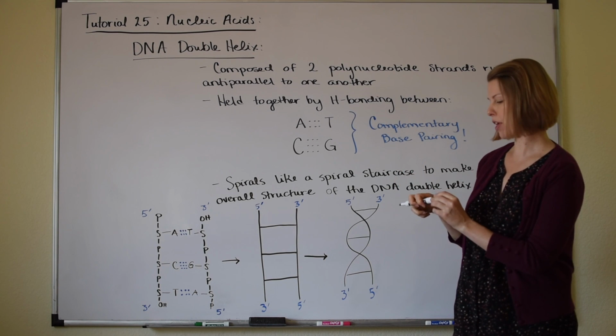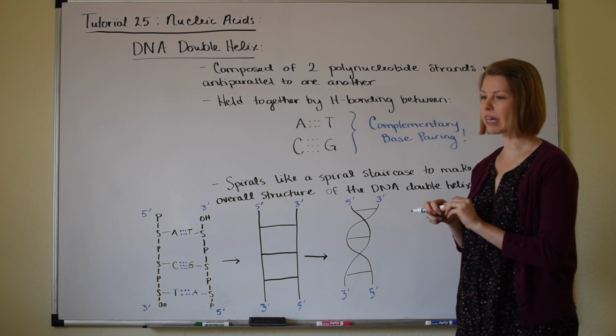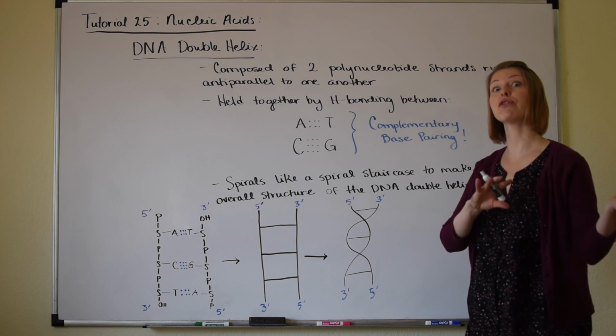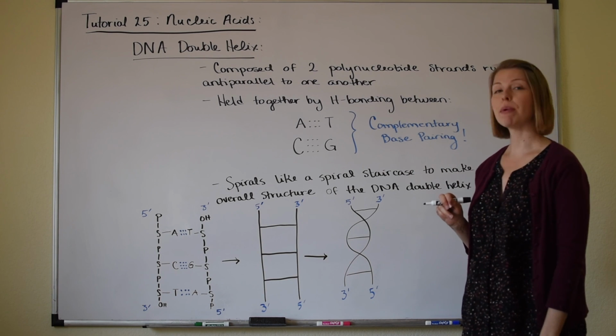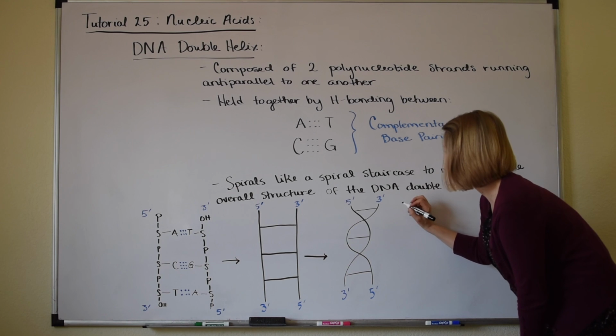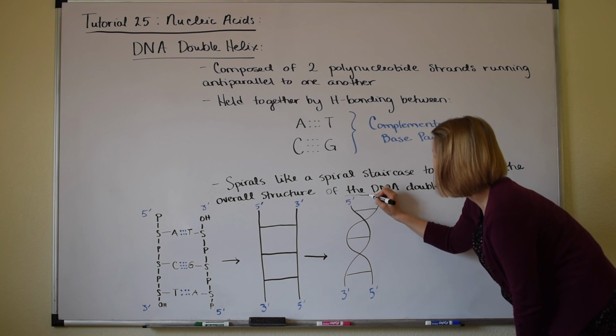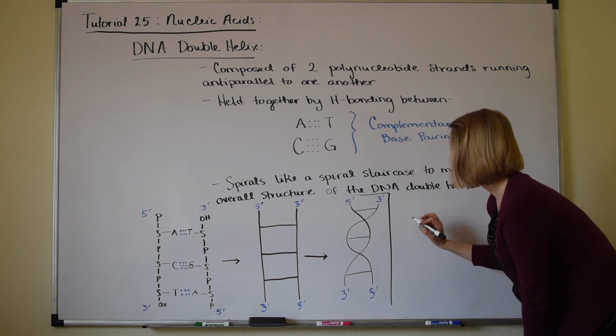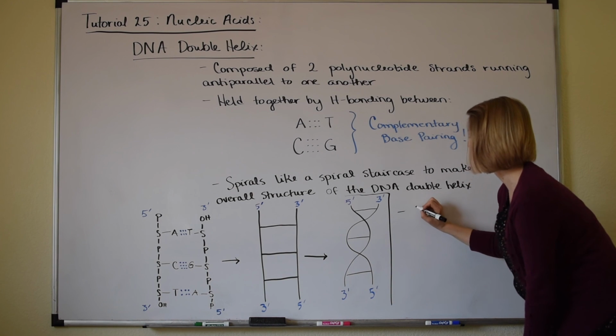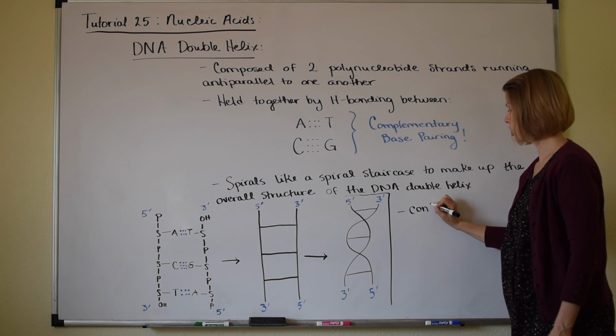But a couple more things that we can add here, just review from earlier in the tutorial. Remember that DNA, so I'll add a couple more bullet points down here. Sorry, it's getting a little bit messy. DNA contains the entire genetic code.